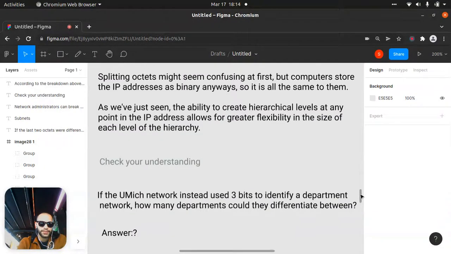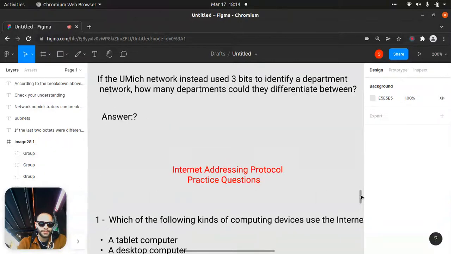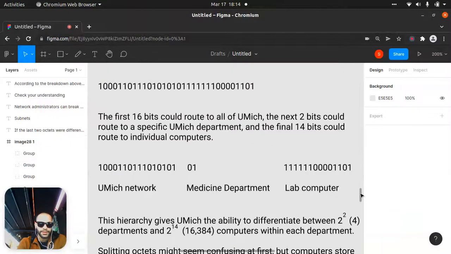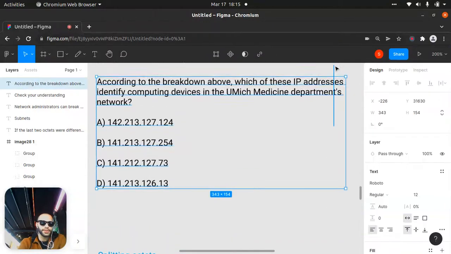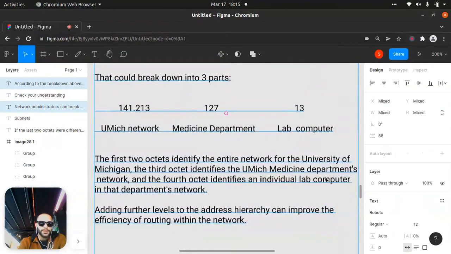Then it's going all the way like that, and this one is the true answer. You need to see this detail.